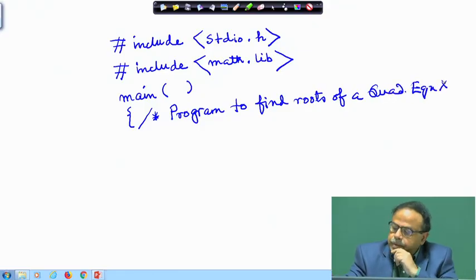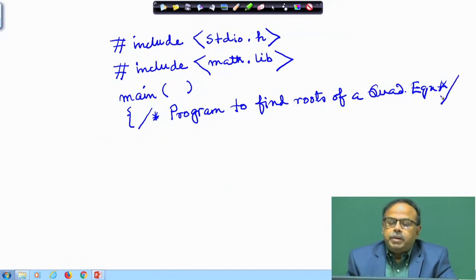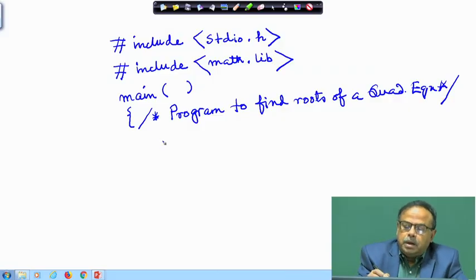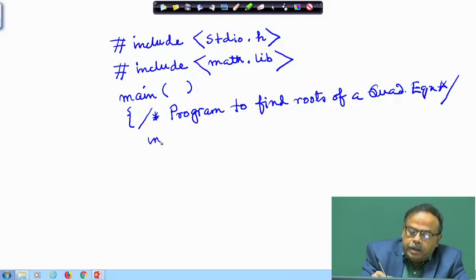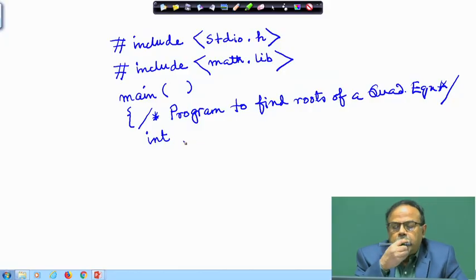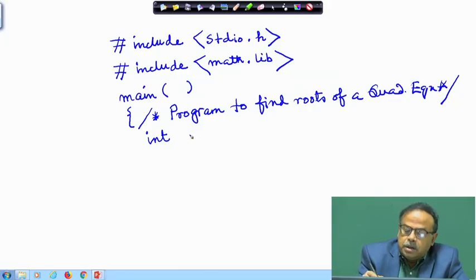All right. So, that is a comment, so that anybody can understand what I am writing here. Now, I will have to declare a number of variables. Okay, let us say the coefficients are all integers. So, int a, b, c.